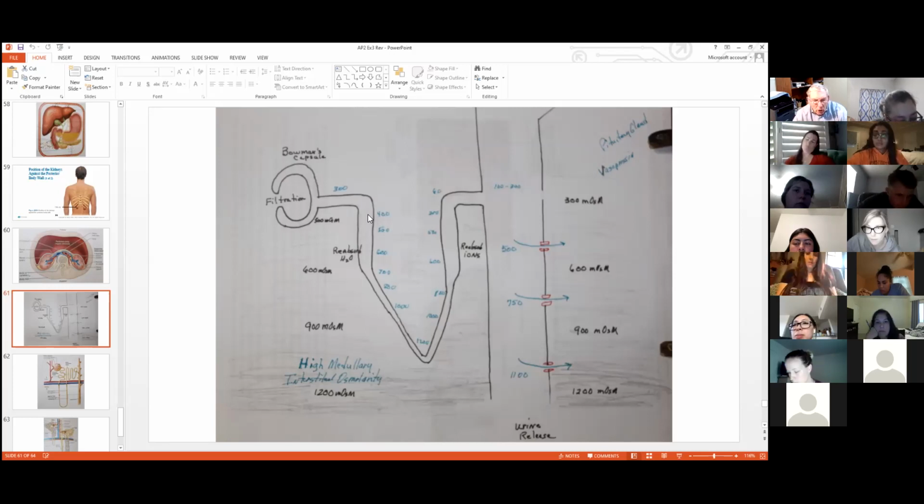We're going to emphasize this test cycle and then really look at it in detail next test cycle. But in this little component, this was the Bowman's capsule. This was where filtration occurred. Filtration is taking the fluid out of the blood and putting it into this urinary system.